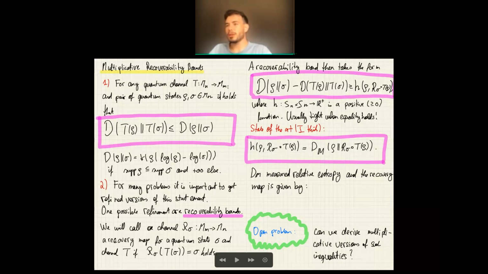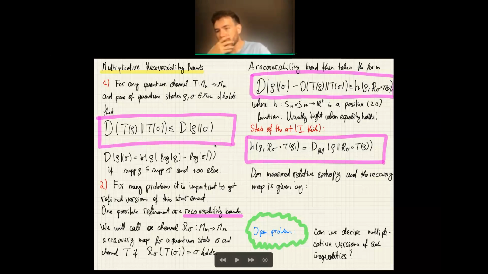We're given some quantum channels, some states, and we know that the relative entropy contracts if we apply channels to it. And in many problems, actually one of my favorite questions is how we can refine the statement, how we can obtain improved versions of the statement that the relative entropy contracts.